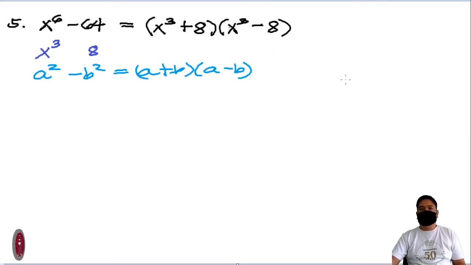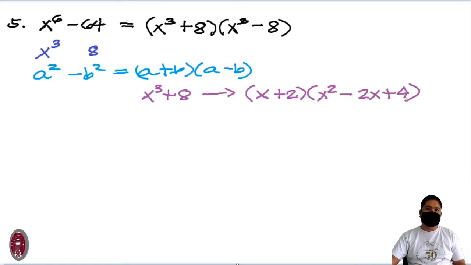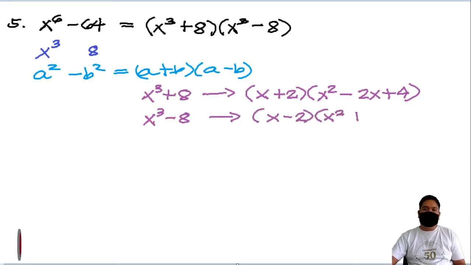However, x cubed plus 8 and x cubed minus 8 can still be factored out. Let's take them one by one. The x cubed plus 8 would be x plus 2, then x squared minus 2x plus 4, and the other one, x cubed minus 8, would be x minus 2 and x squared plus 2x plus 4.